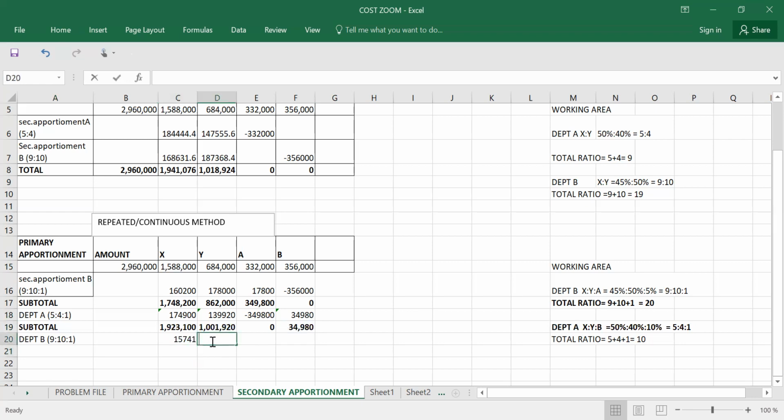Same applies to this, equals, this is 10 divided by 20. Sorry, today I'm a bit distracted, like I told you, but bear with me. Please just take what we are doing. Okay, now it is also again distributing to A, which is 1 divided by 20, then multiplied with this.